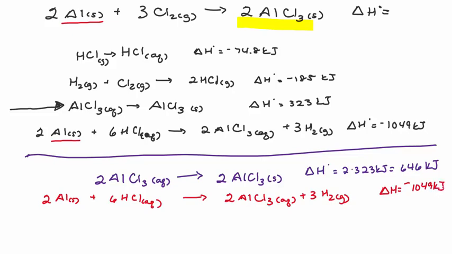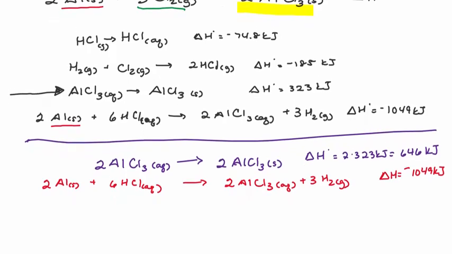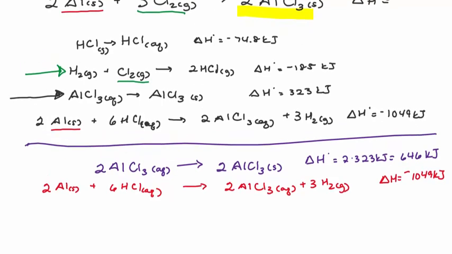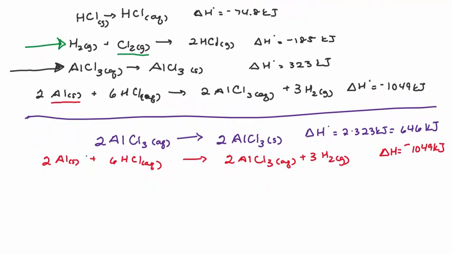So I also need 3 moles of chlorine gas on the reactant side. So I'm going to look here. I have chlorine gas on the reactant side in this second equation. It said I needed 3, so I'm going to multiply this reaction through by 3. So 3 moles of hydrogen gas plus 3 moles of chlorine gas react to form 6 moles of gaseous hydrogen chloride.